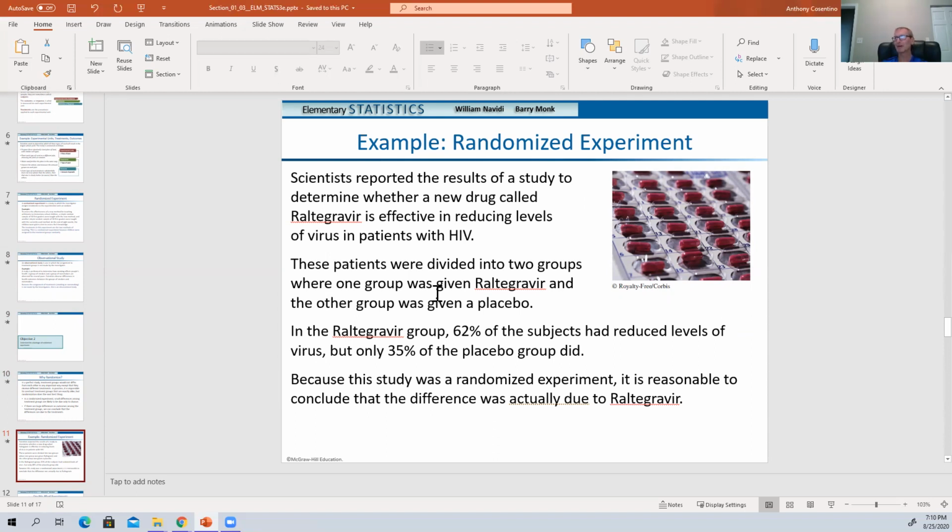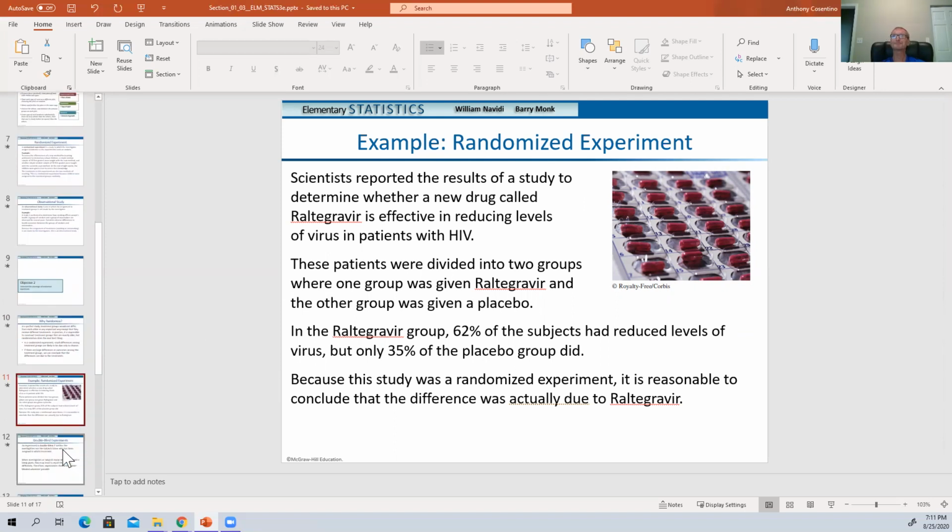And you could see that 62% of the group that got the medicine did better, and only 35% of the ones that got the placebo did better. So you can see that that's quite a bit of a difference. So you would say that this medicine actually had a positive effect with regards to treating this disease, which they're stating here as HIV.